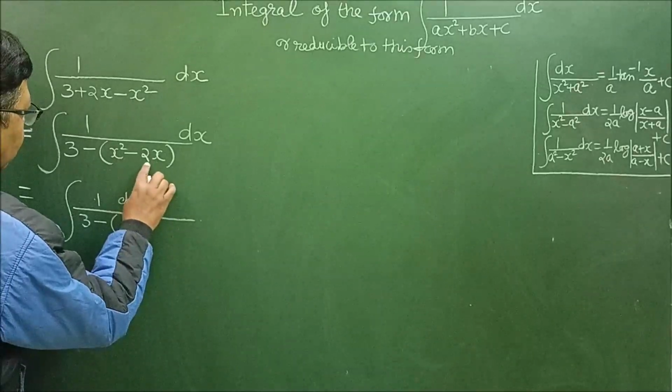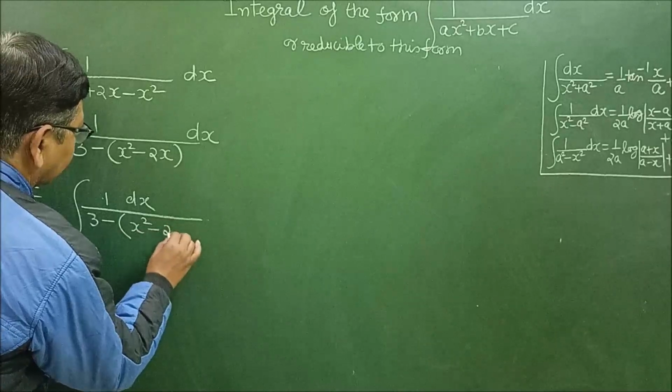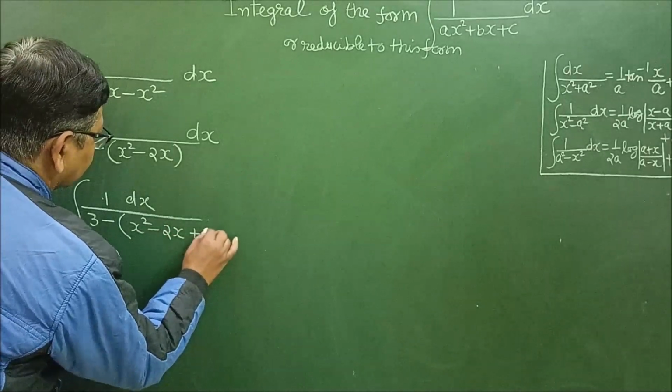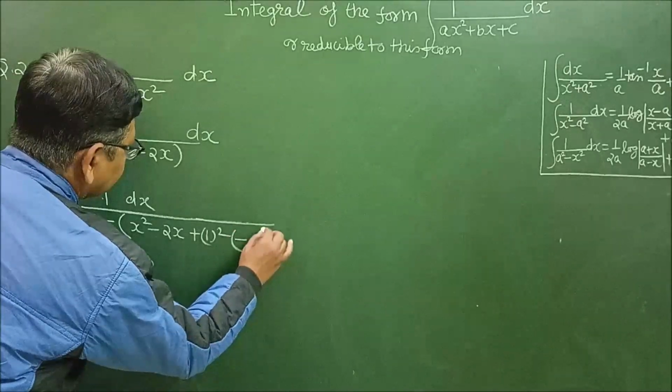Half of the coefficient of x is 1, so adding 1 square and subtracting 1 square, x square minus 2x plus 1 square minus 1 square.